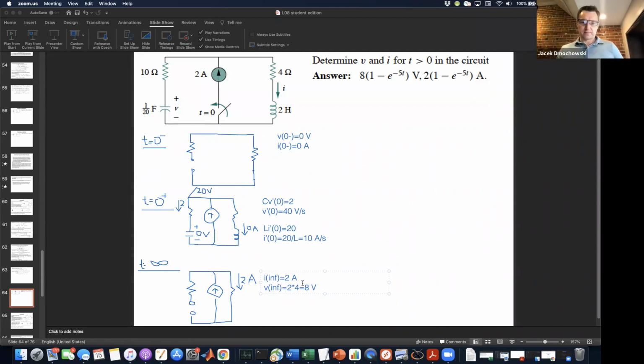All right. So now we have our initial condition, initial derivative, and our final condition. We are ready to solve for the natural response. The natural response is made a lot easier by the fact that we disconnect the independent sources.